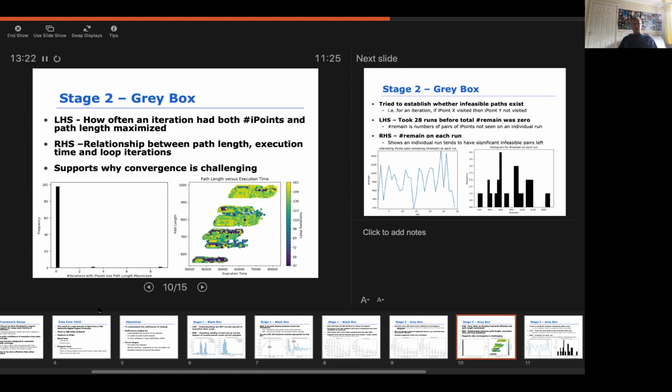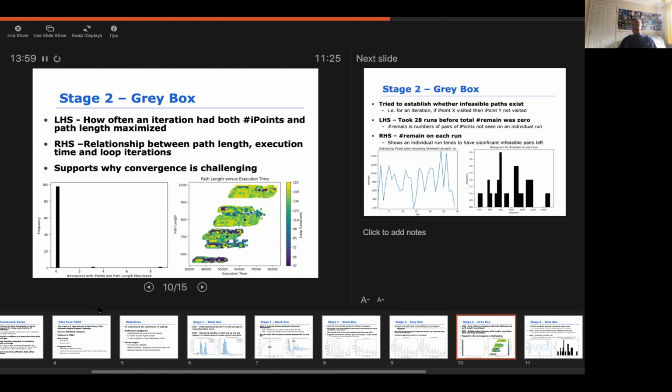As you can see, the frequency count implies that only one or two times did we see both maximized. The frequency count shows how many iterations within a run that occurred. In one run we saw 3 iterations, in another run we saw 9 iterations, but most of the time we didn't see any iterations that maximized both. So again, this implies we very rarely, in the runs we did of the simulated annealing algorithm, hit both of those at the same time.